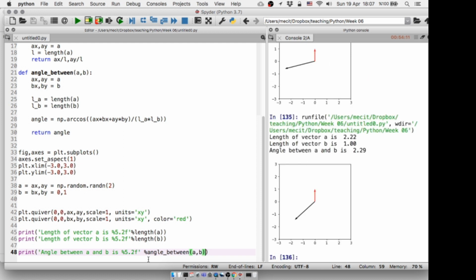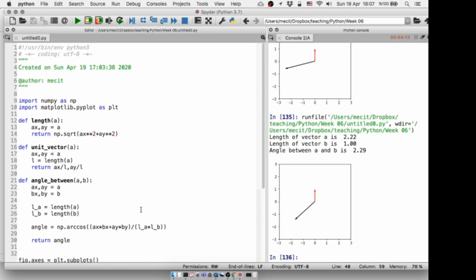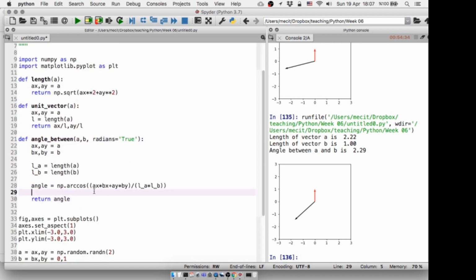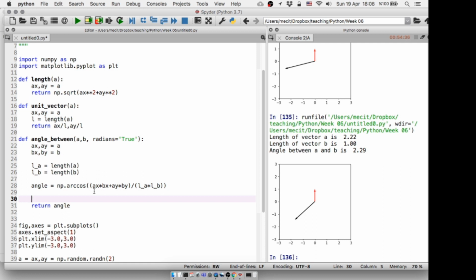Okay, I want to change this function a little bit so that I can get the angle in degrees if I can. So I want to supply another parameter as radians and then say true. If radians is true, then I will output the angle in radians as is the case.